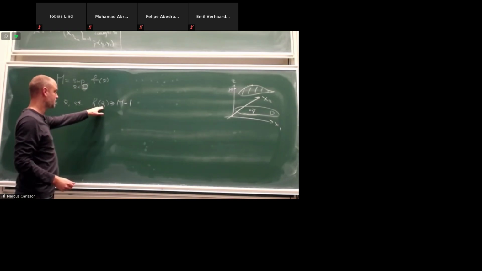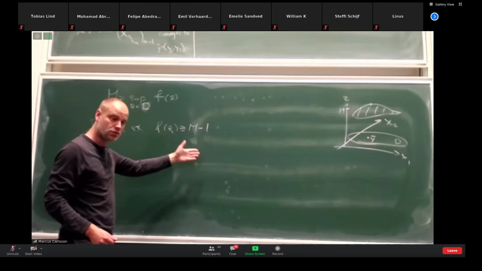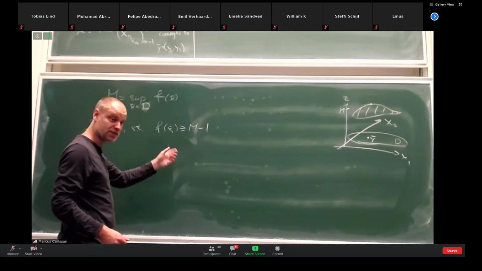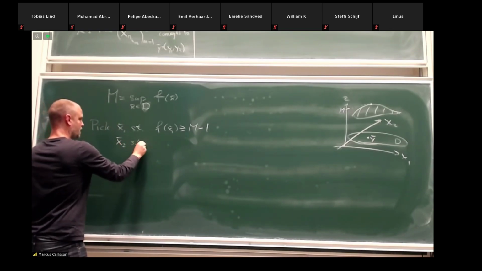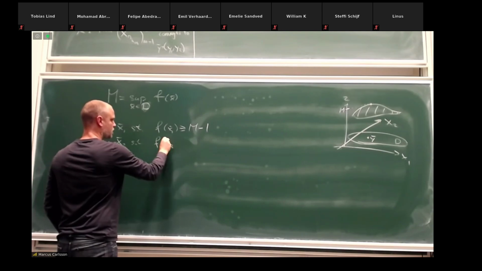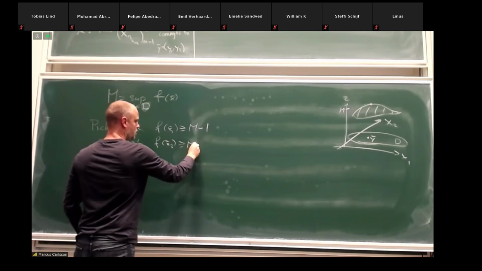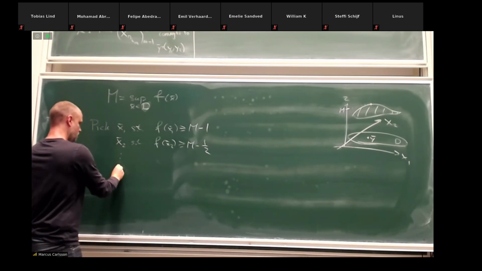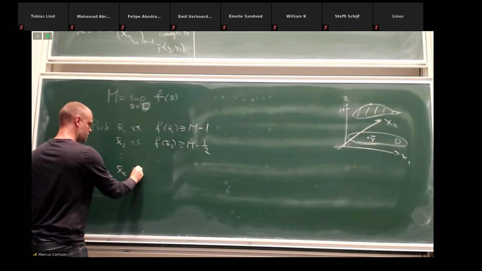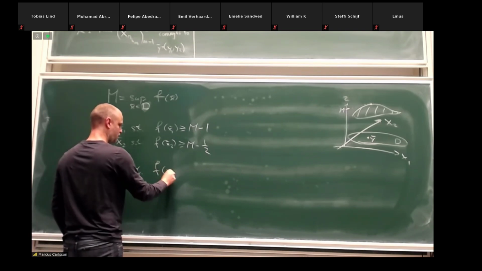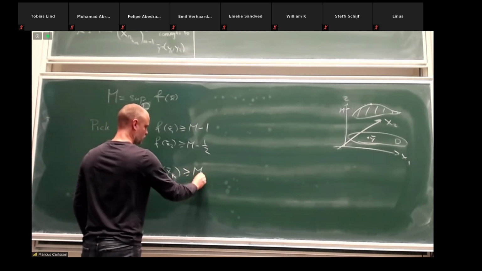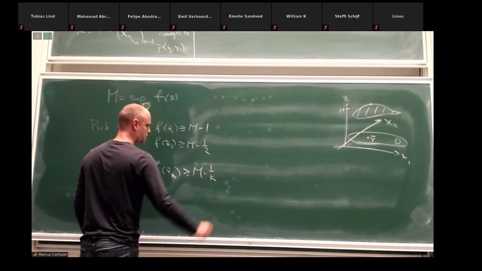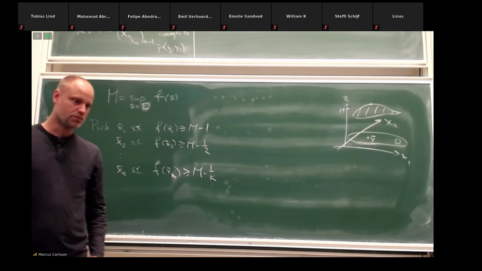If no such point exists, then the supremum is less than or equal to m minus 1. So there must exist at least one such point. And then you pick x2 such that f of x2 is bigger than or equal to m minus a half. And then we do this at the kth step. You pick an xk such that f of xk is bigger than or equal to m minus 1 over k.